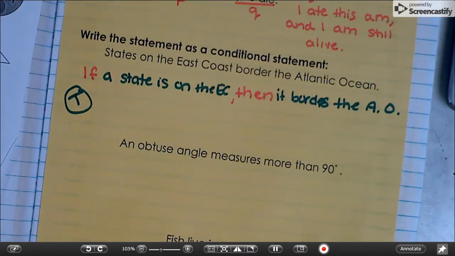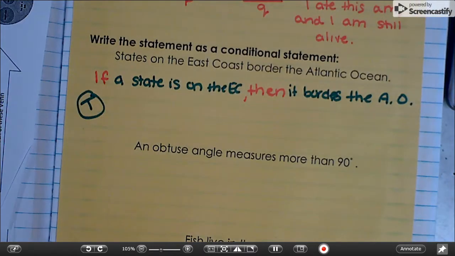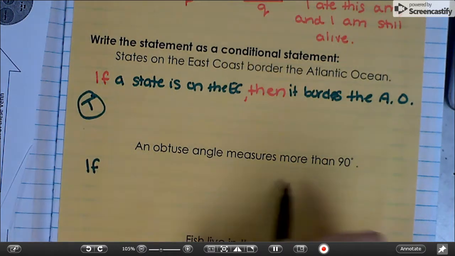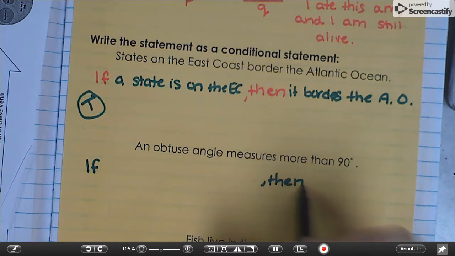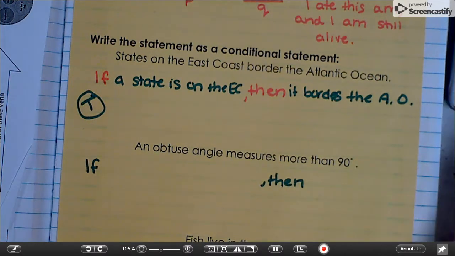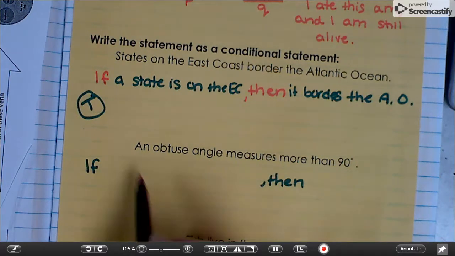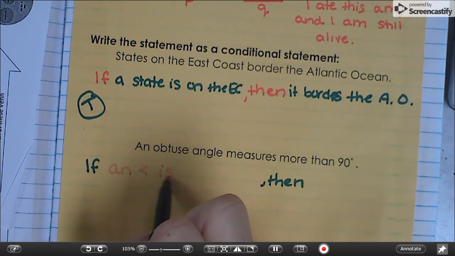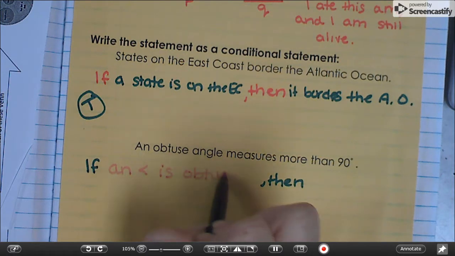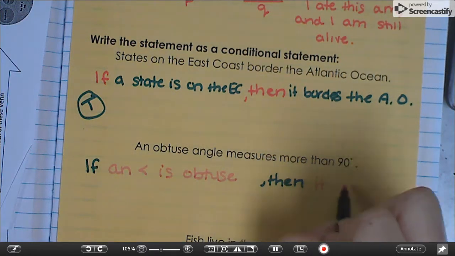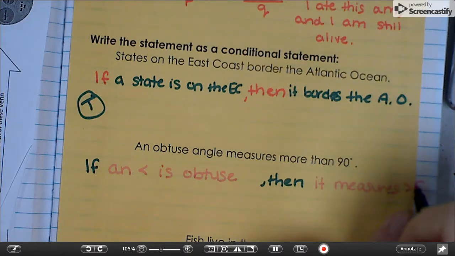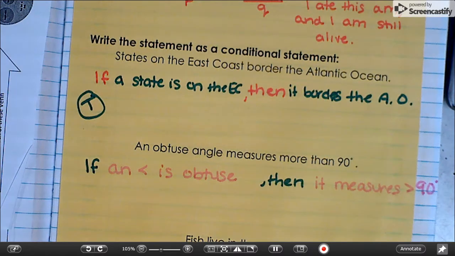Okay. So how would we write an obtuse angle measures more than 90 degrees as a conditional statement? We're going to keep our if and our then. And we might have to change, like I said, the format of the wording, but it stays in the same order. So if an angle is obtuse, then it measures more than 90 degrees.